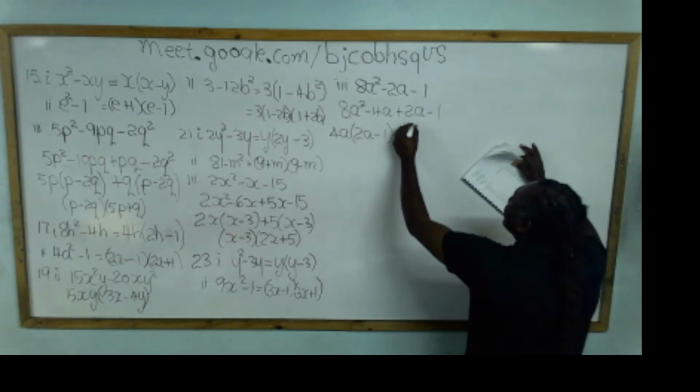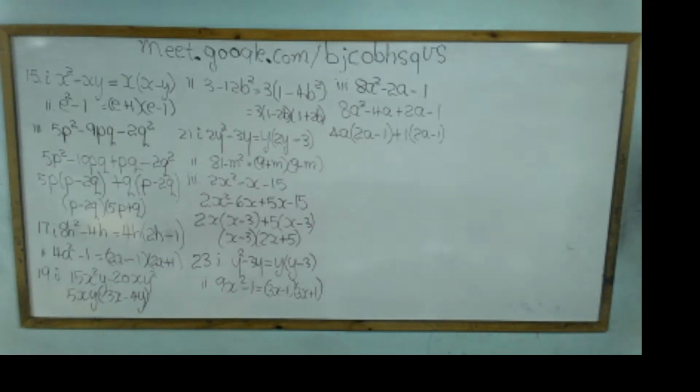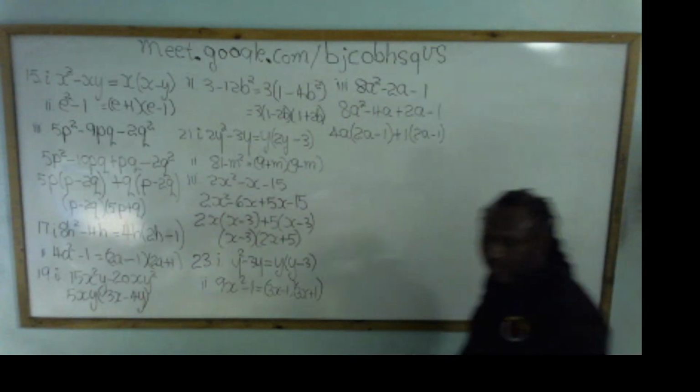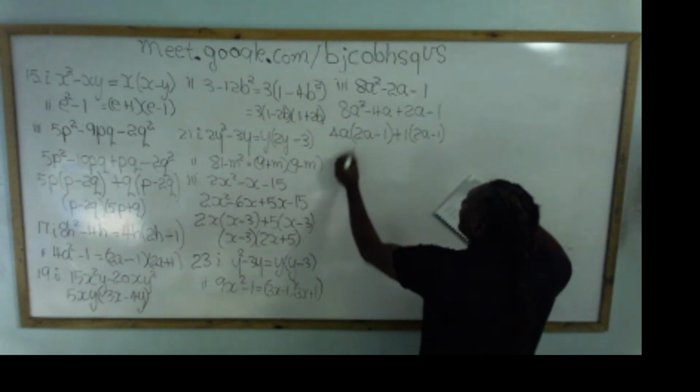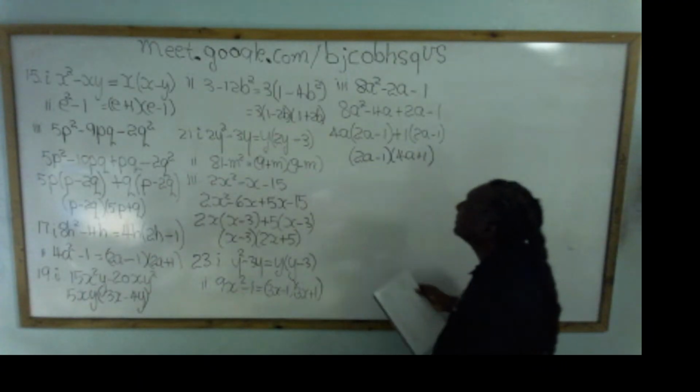And then what do we say? 2a minus 1. So what do we have now? 2a minus 1 is common, then 4a plus 1.